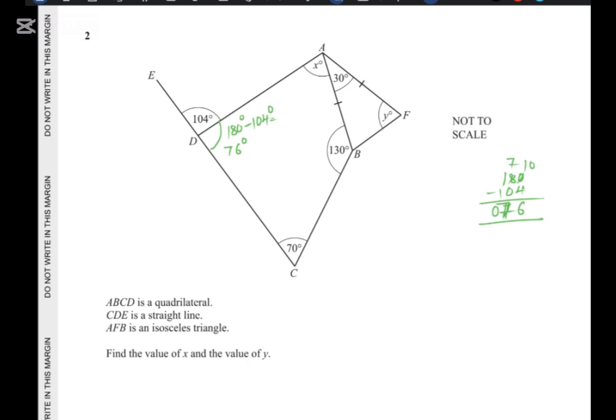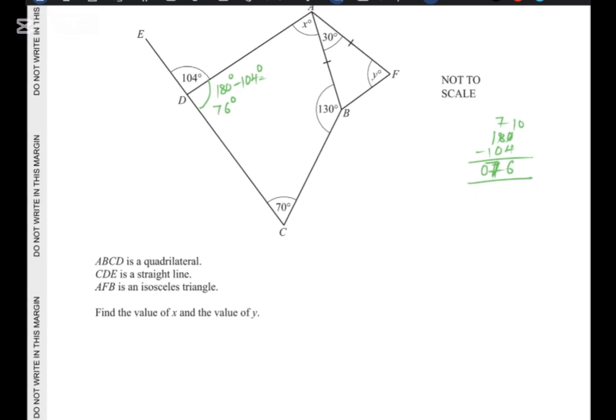Now finding x is very easy because in a quadrilateral all the angles sum up to 360 degrees. So x is equal to 360 minus, add all these angles, 76, 70, 130.